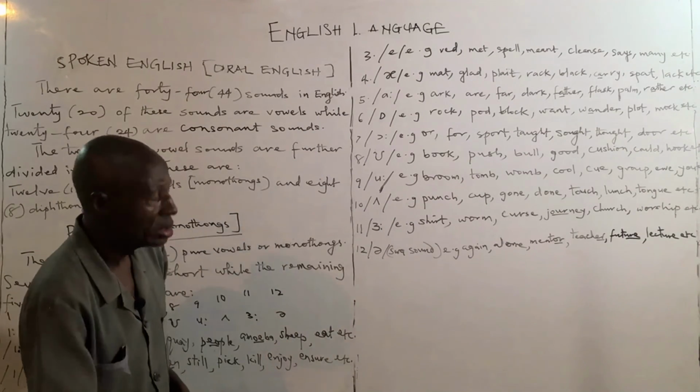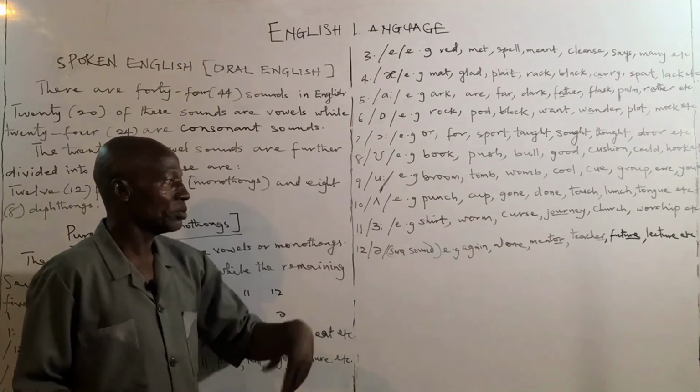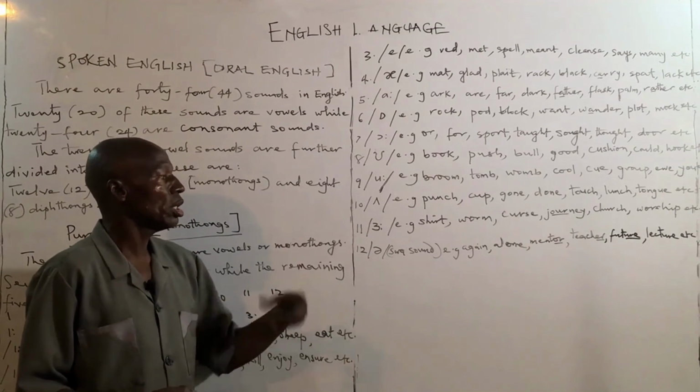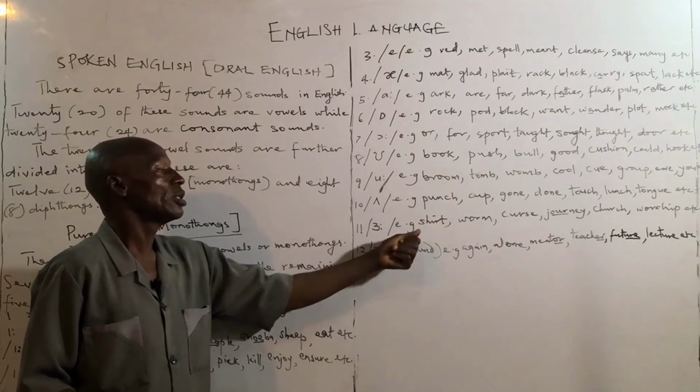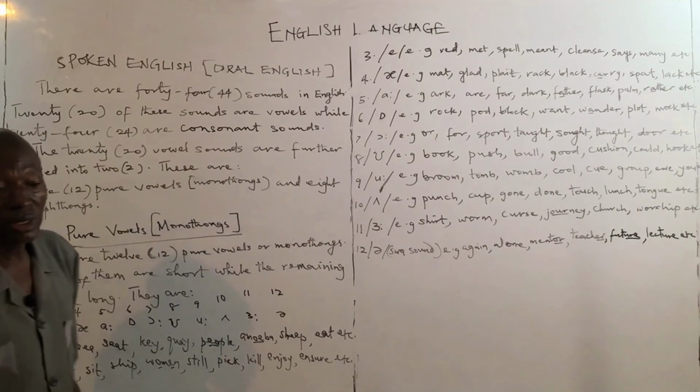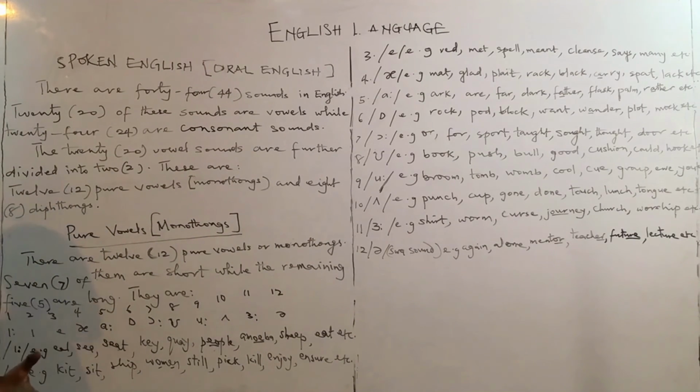So please take note. Worship, church, journey, curse, worm, church. You can have birth. That's why we say birthday. It's birthday. Okay, dirty. That place is dirty.